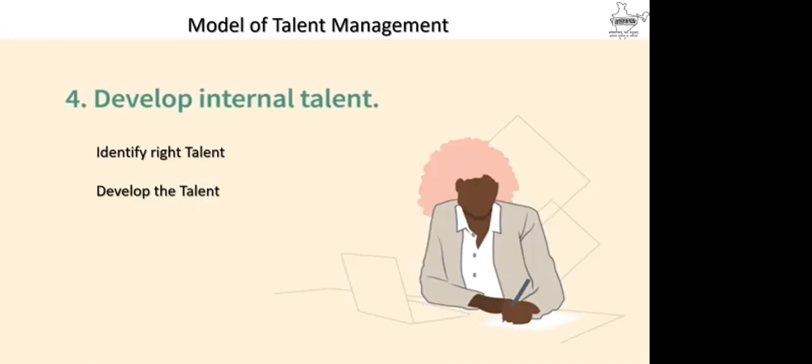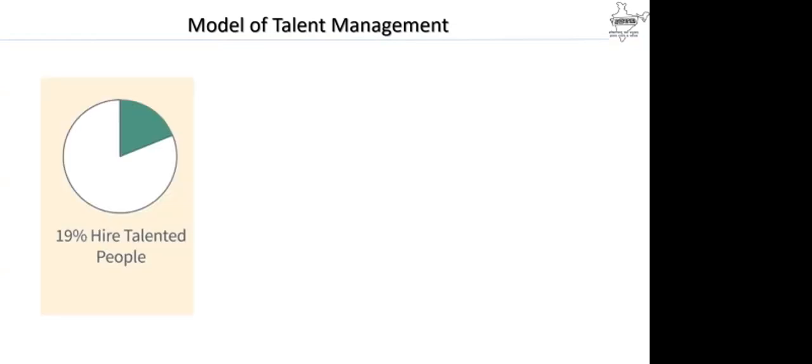So there is a Harvard management survey into talent management and management practices, and they threw up some surprising statistics. Only 19% said that they very closely screen the talent and hire the right fit.